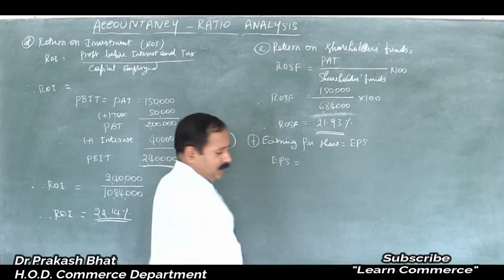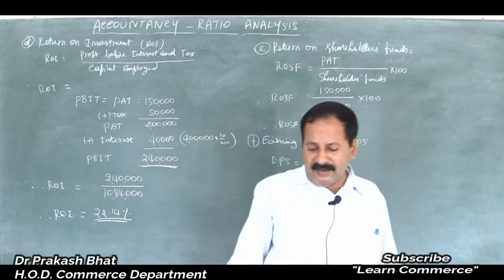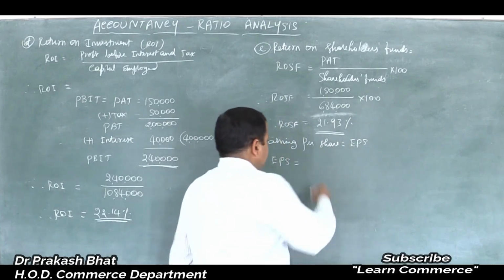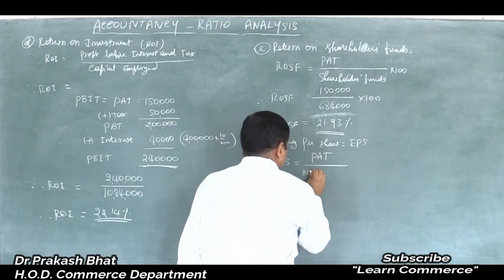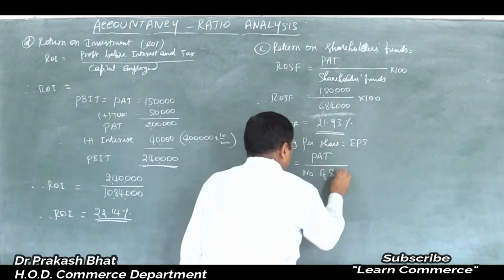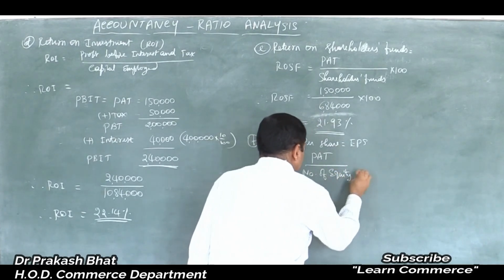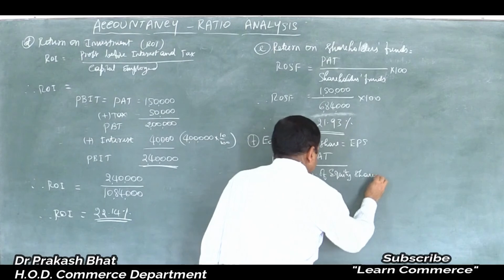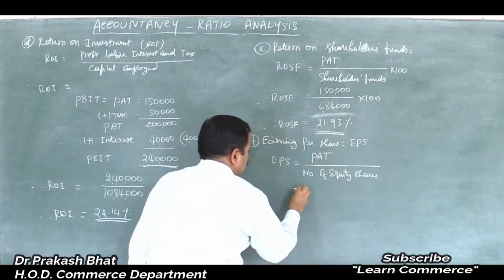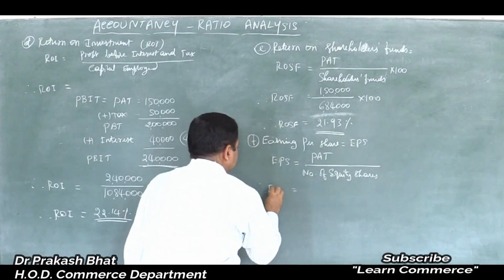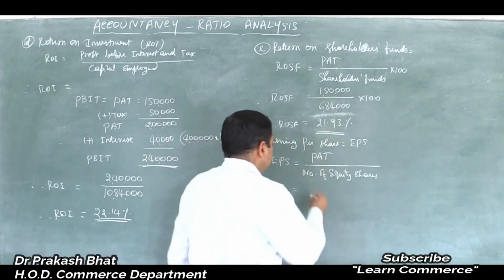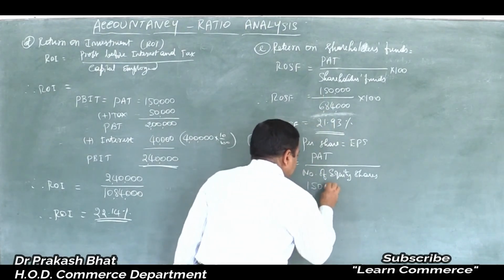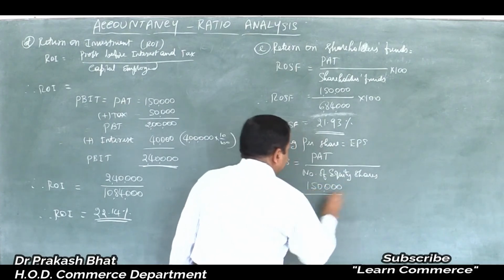EPS is equal to PAT divided by number of equity shares. We have already calculated PAT, it is given in the problem. We need not calculate anything.